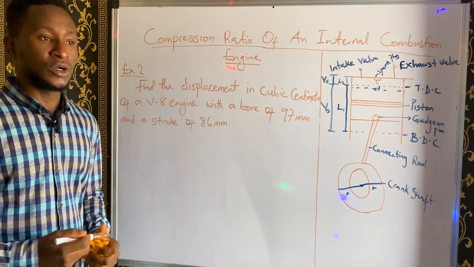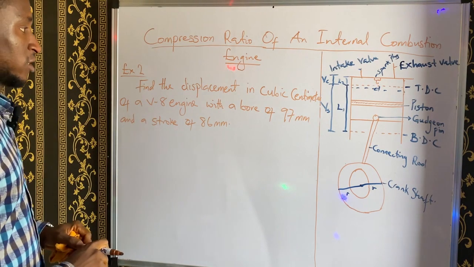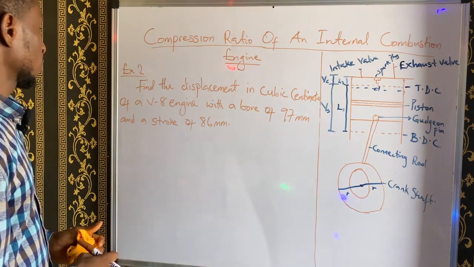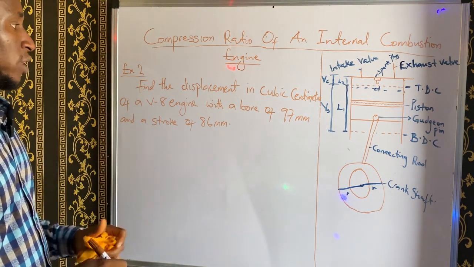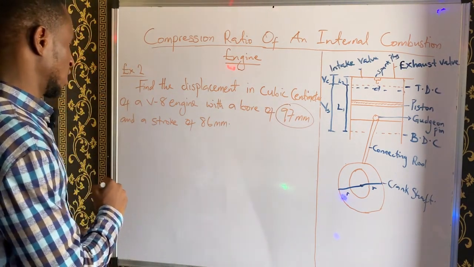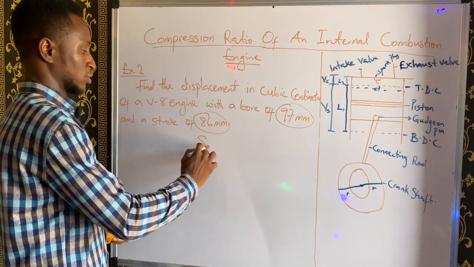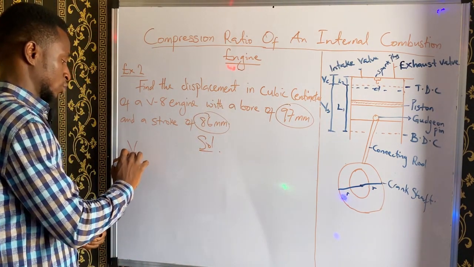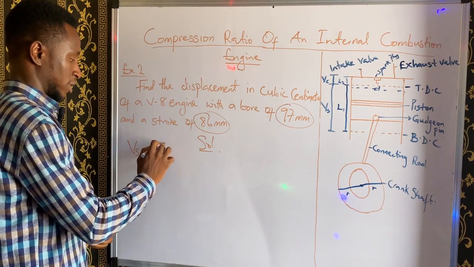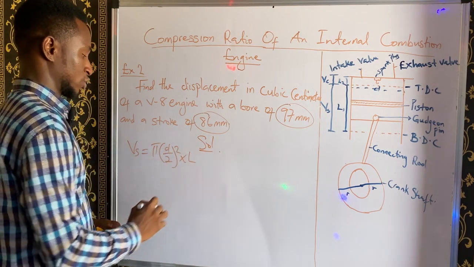Now, looking into the second example, we have: find the displacement in cubic centimeters of a V8 engine with a bore of 97 millimeters and a stroke of 86 millimeters. So let's go to the solution, which says stroke volume equals pi into bracket diameter divided by 2 squared times the stroke length.